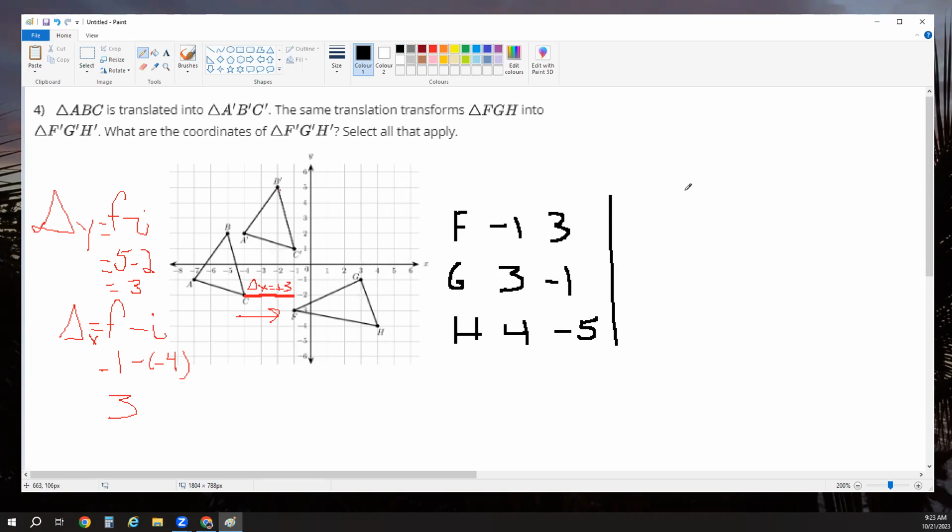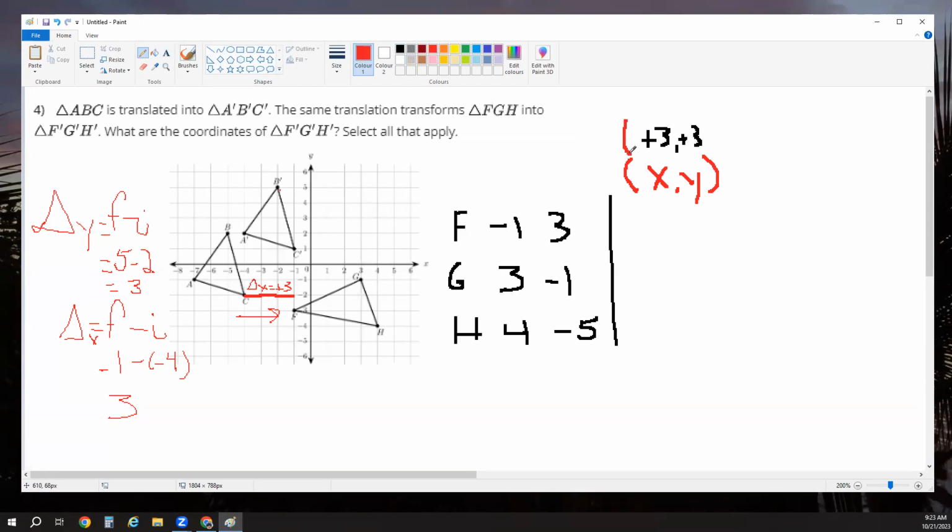Okay, my new points in terms of X and Y are my old points, whoops, nope, are my old points plus 3 on the x terms and plus y on the y terms.